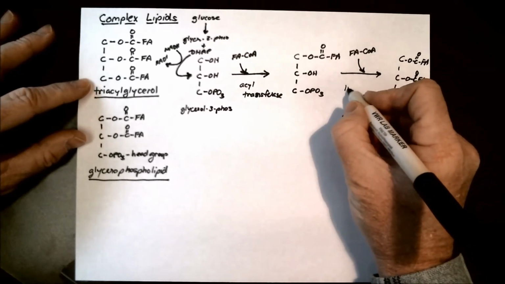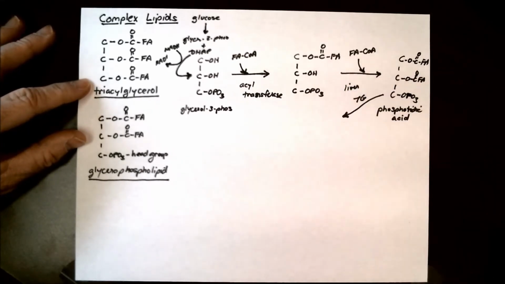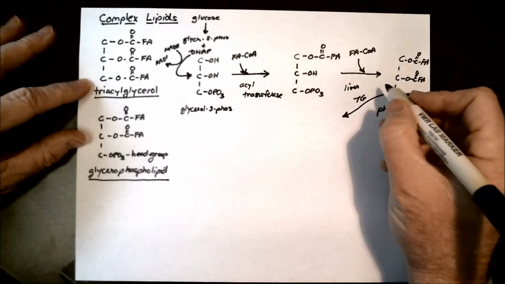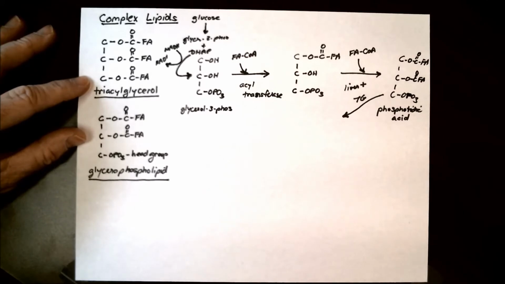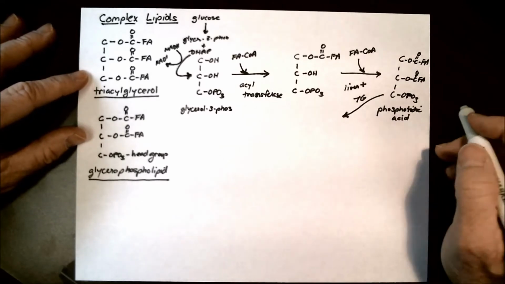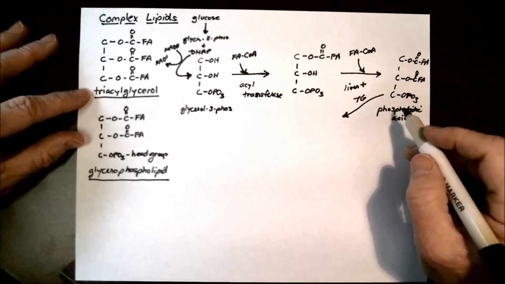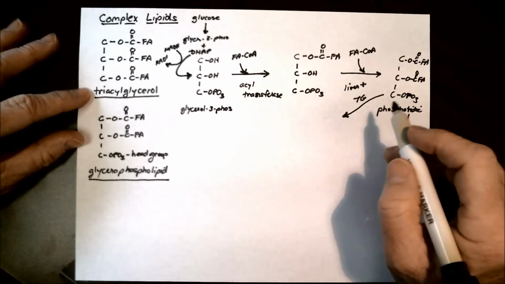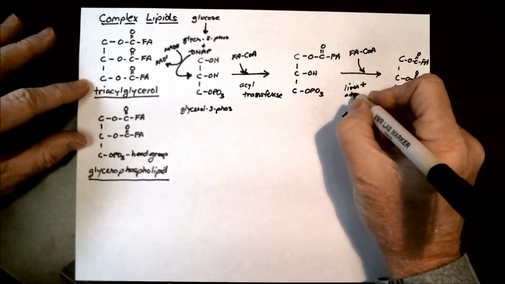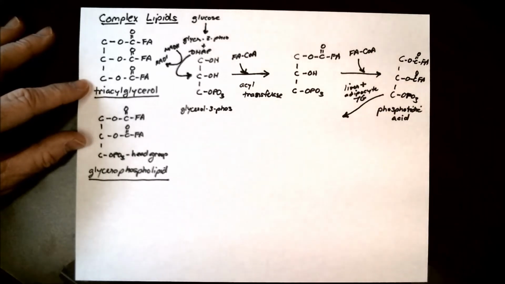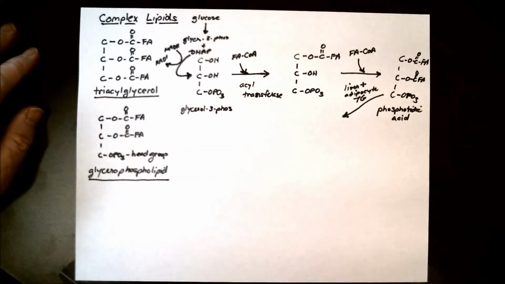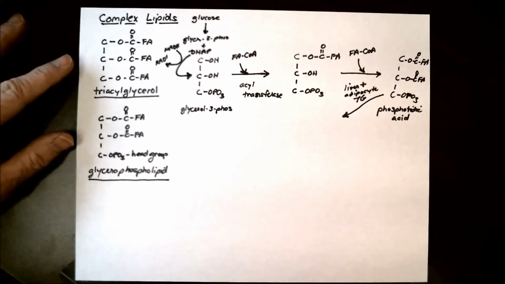So this will be occurring in the liver. Storage of fatty acids in the fed state is in the adipocyte, and the adipocyte will also be constructing triglycerides for said storage of the fatty acid. So liver and adipocytes will be the two primary organs that will be performing this reaction.